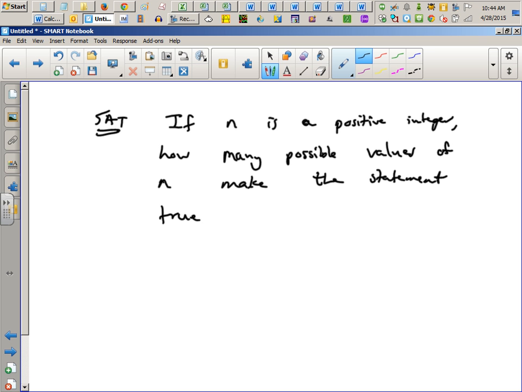And they'll give you some crazy equation, e to the n squared minus 2n minus 3 equals e to the fourth or something. And you're trying to solve it.